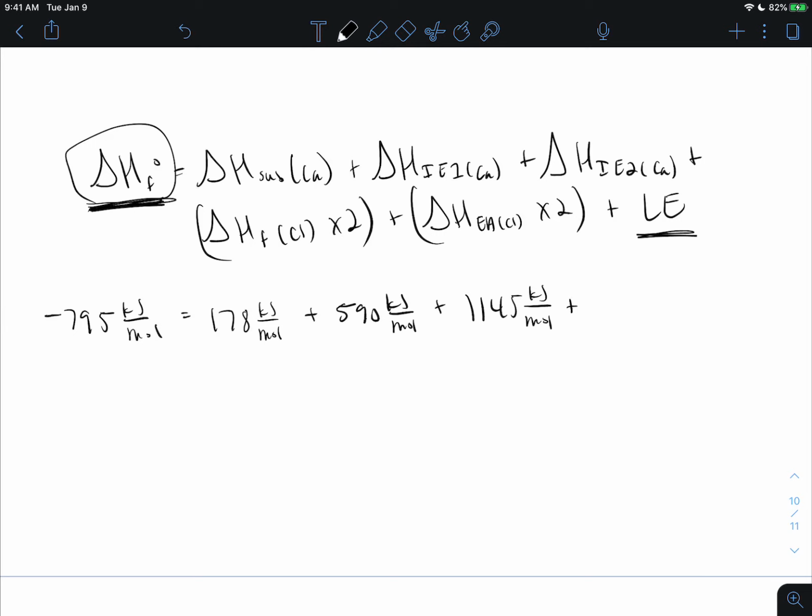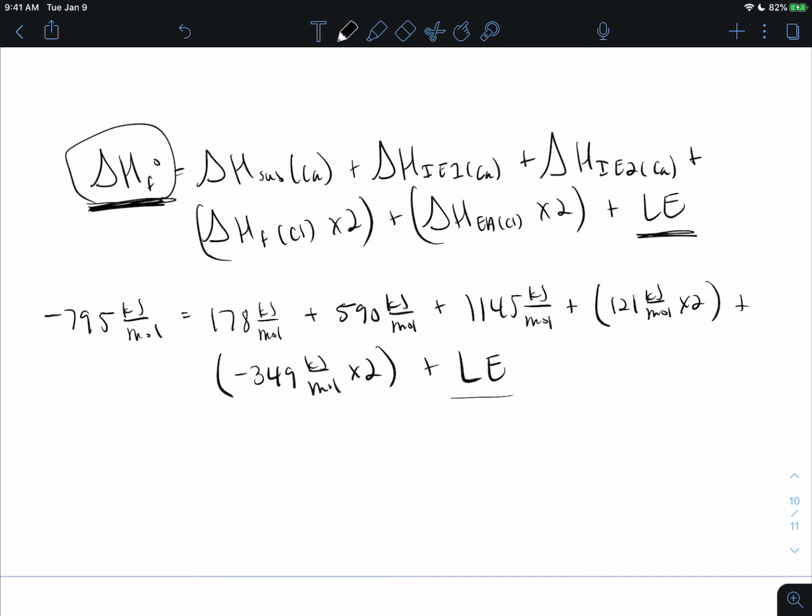We need to multiply by 2 for each chlorine. So we have 121 kilojoules per mole times by 2. And then we add that to our electron affinity. Again, we have 2 chlorines, so we need to multiply our electron affinity at negative 349 kilojoules per mole times by 2. And then we have our lattice energy.